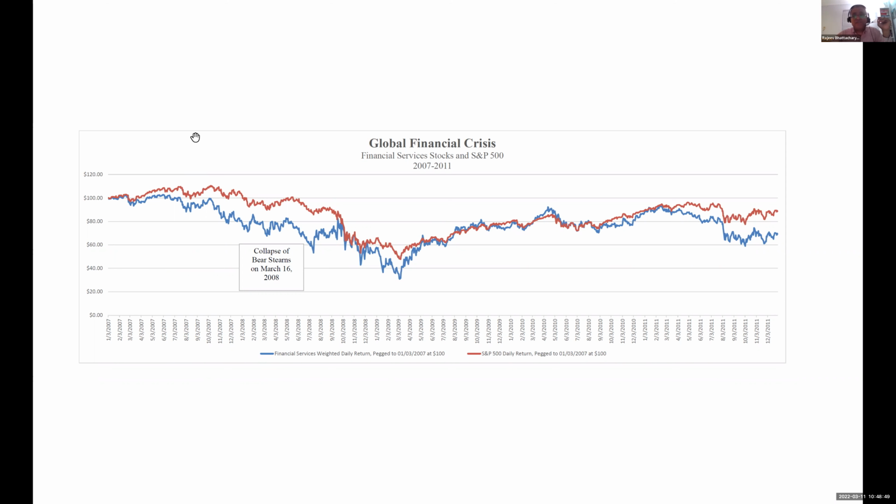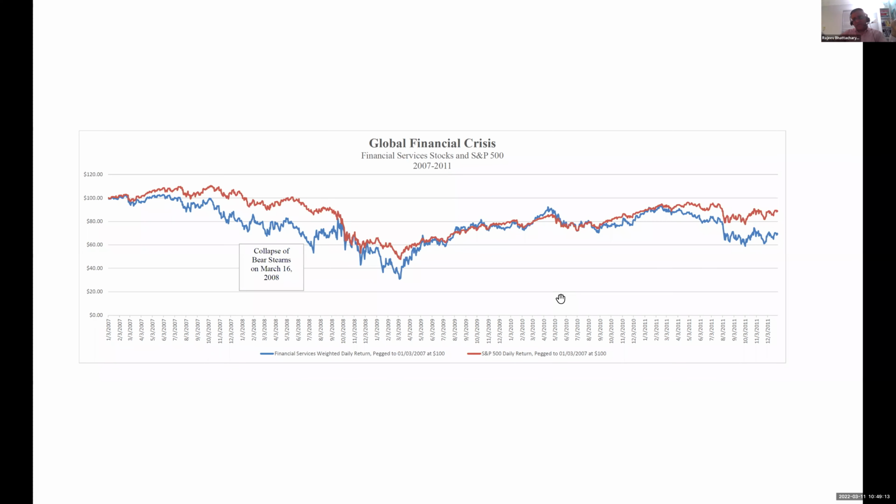Then we have our global financial crisis. Once again, the collapse of Bear Stearns on March 16th, 2008, which was just over a month after the birth of our daughter. So yeah, she is a GFC baby. You can see the blue here is the financial services weighted daily return, and the red is the S&P 500.